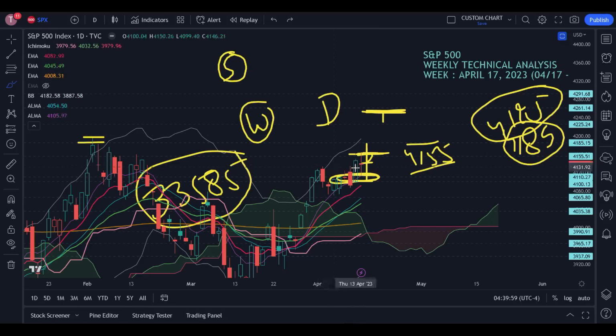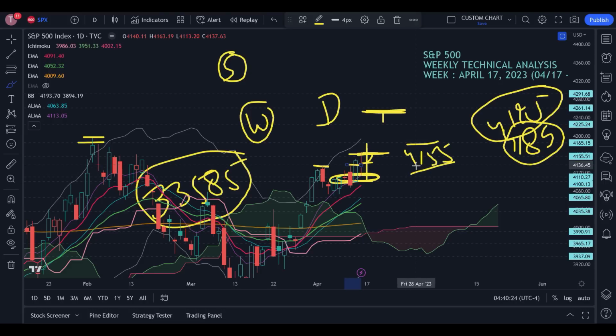Similarly, on Thursday the S&P 500 moved up and closed at 4146, but it was able to sustain above 4133 for 2 or 3 hours. That is why it was clear that even if it closes below 4133, the next day the S&P 500 will be able to move up. So always look for the sustain, that it must sustain and breach.